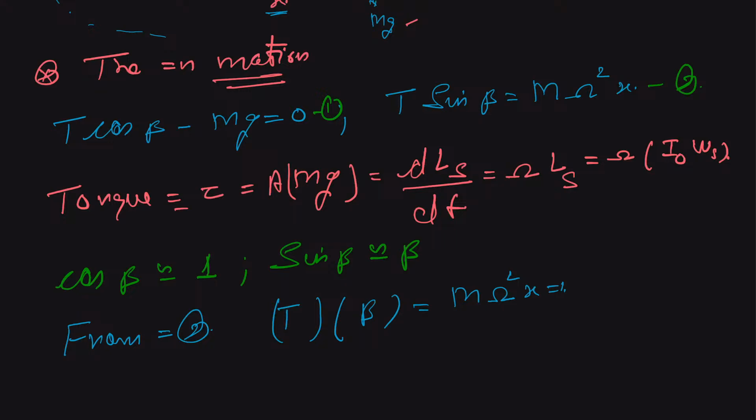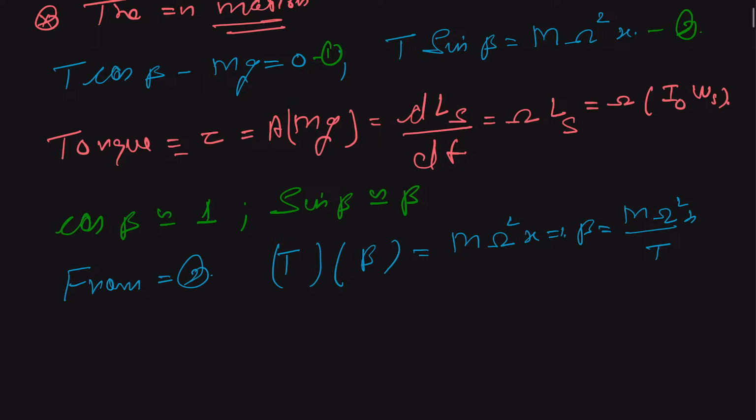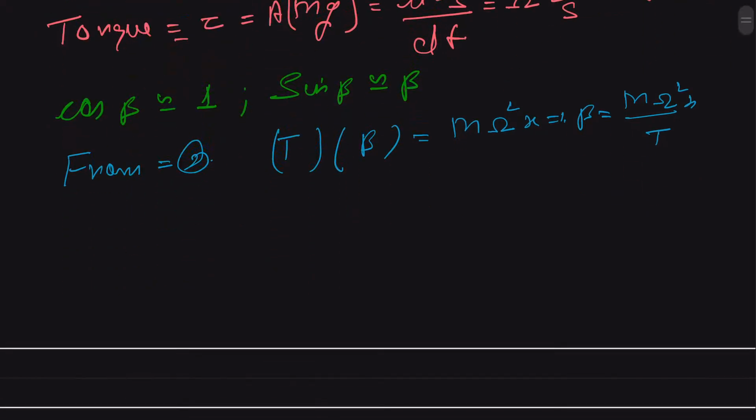So beta is equal to m omega square x divided by T, and if we use equation 1, cos of beta will be equal to 1, and we can say that T is nothing but mg.